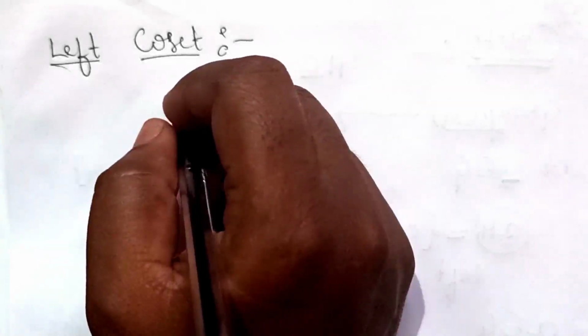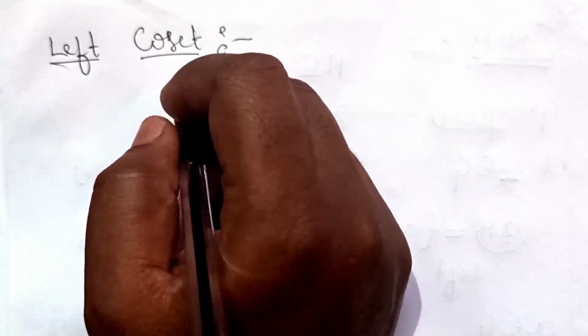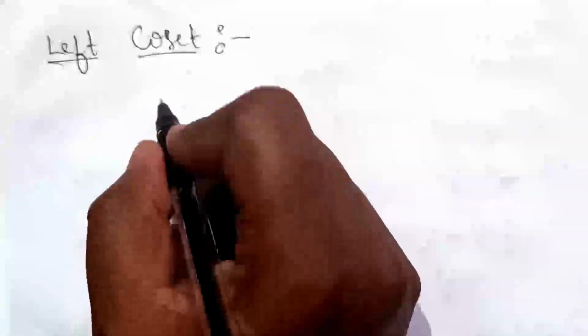So we can define cosets as left coset and right coset. First we define left coset.